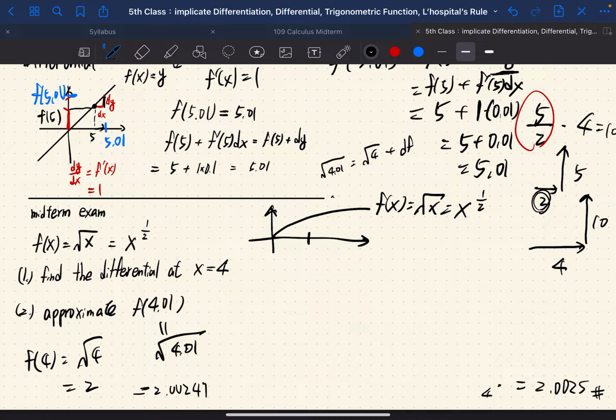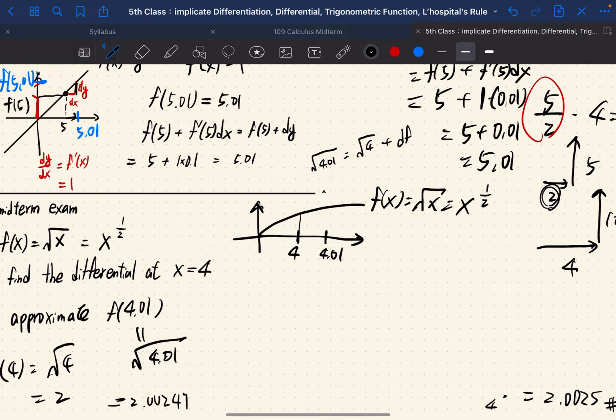So it asks, we just imagine the gap is really large, it's 4.01. Okay, so we want to know the answer of f of 4.01. We can just use f of 4, and we plus the extra dy.